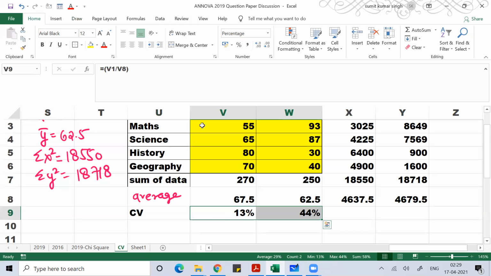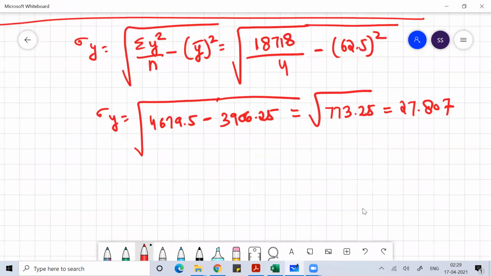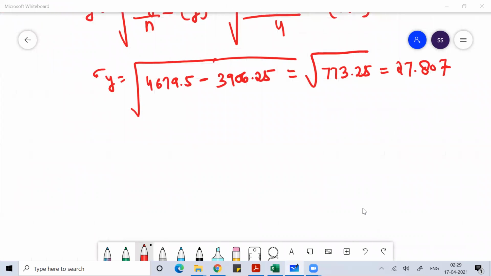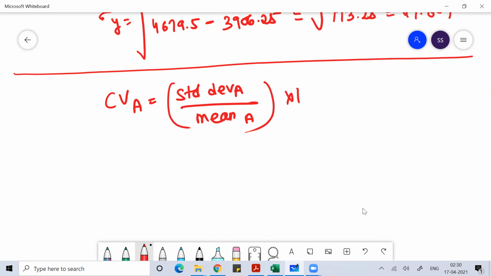I want more decimal. You can get more decimal. So the coefficient of variation of student A is the standard deviation of student A divided by the mean of student A into 100.